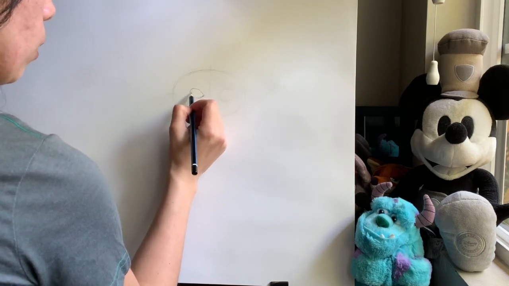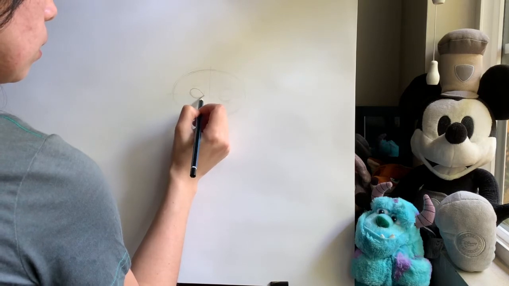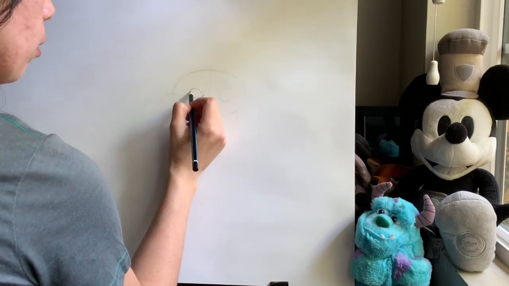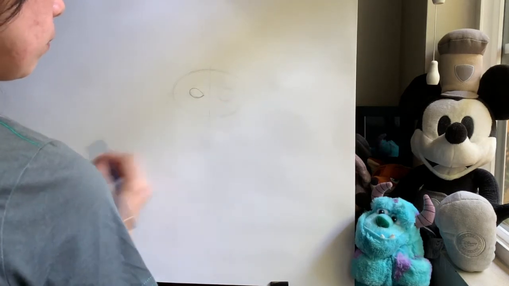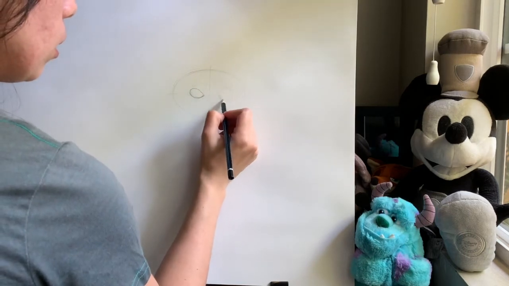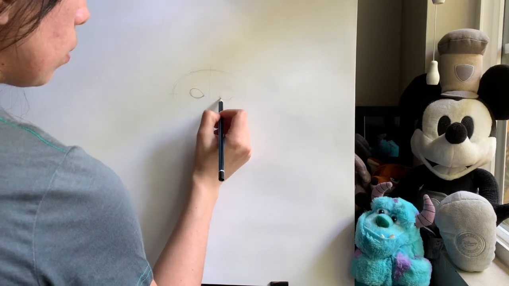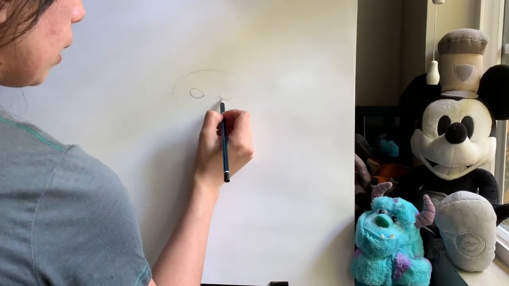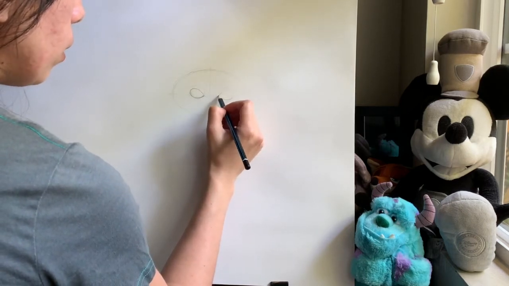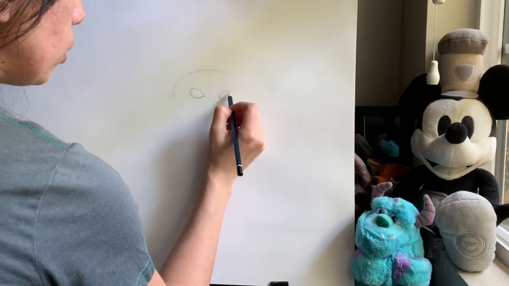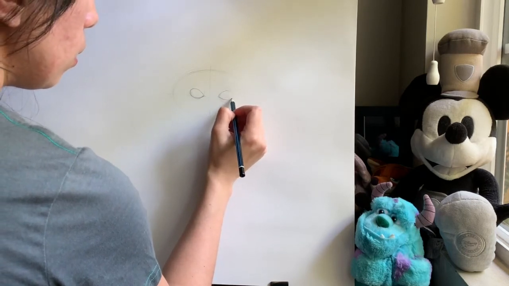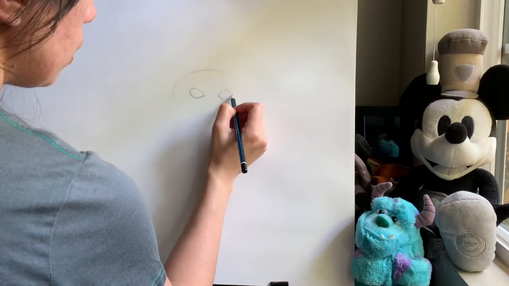So remember to point that corner, because that's a very distinct eye shape for him. And then the same thing on the other side. Remember to use your guidelines to know where his features go and their shapes, especially if you're drawing things that are the same.